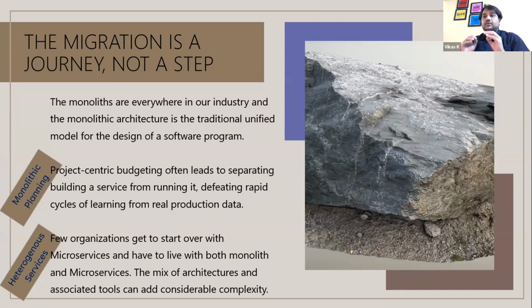You are going to build it, run it, and maintain it. Until now, it was all happening together. Now you're trying to modularize it. And if the entire budgeting is project-centric, it defeats the rapid cycle of learning, because the team also needs time to understand what is going on, how we are going to adopt into this new environment, and how we are going to work with the real production data.